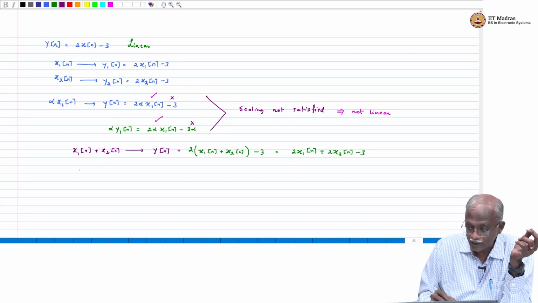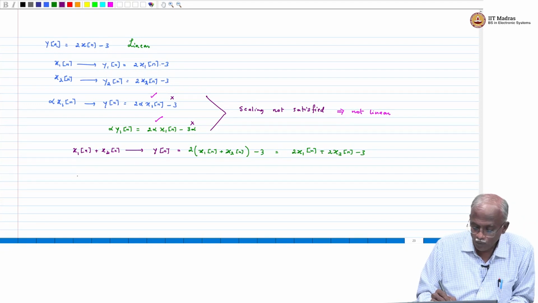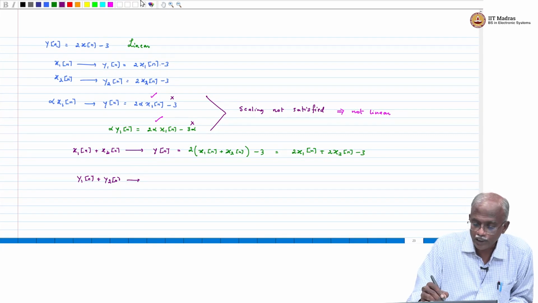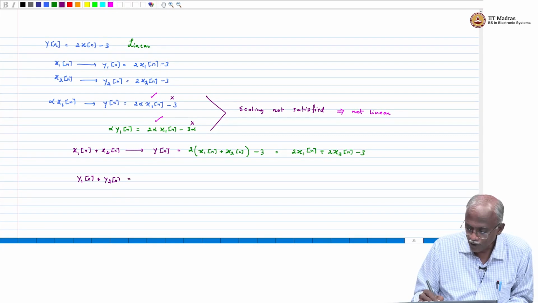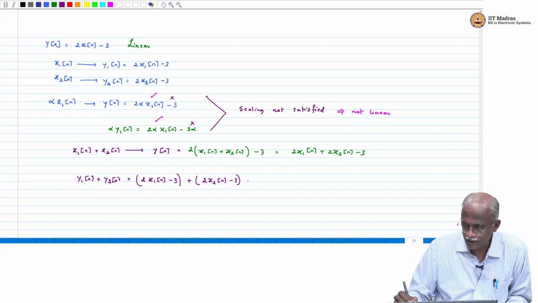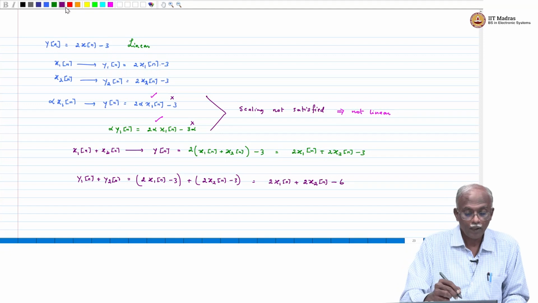On the other hand, if you had taken the individual outputs, y1 of n plus y2 of n, this would have been 2 times x1 of n minus 3 plus 2 times x2 of n minus 3. So, the sum of these two would have been 2 times x1 of n plus 2 times x2 of n minus 6.